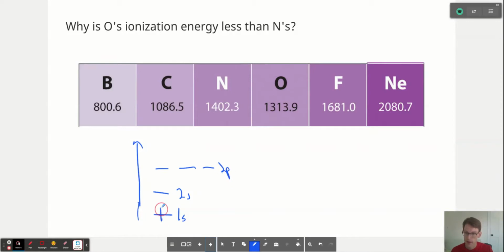Now, the 1s is filled with 2 electrons, the 2s is filled with 2 electrons, and for nitrogen, we use Hund's rule and make it so that we have 1 electron in each of the 2p orbitals, rather than pairing up any.